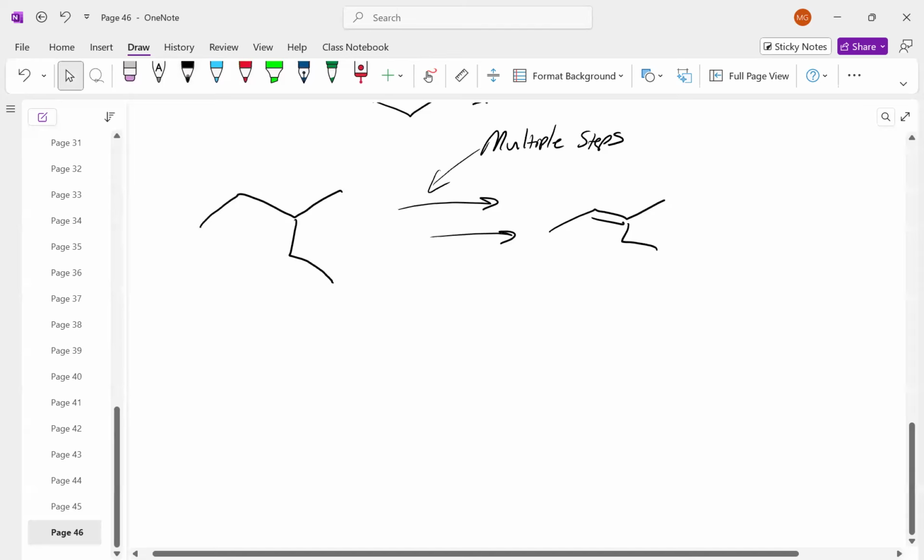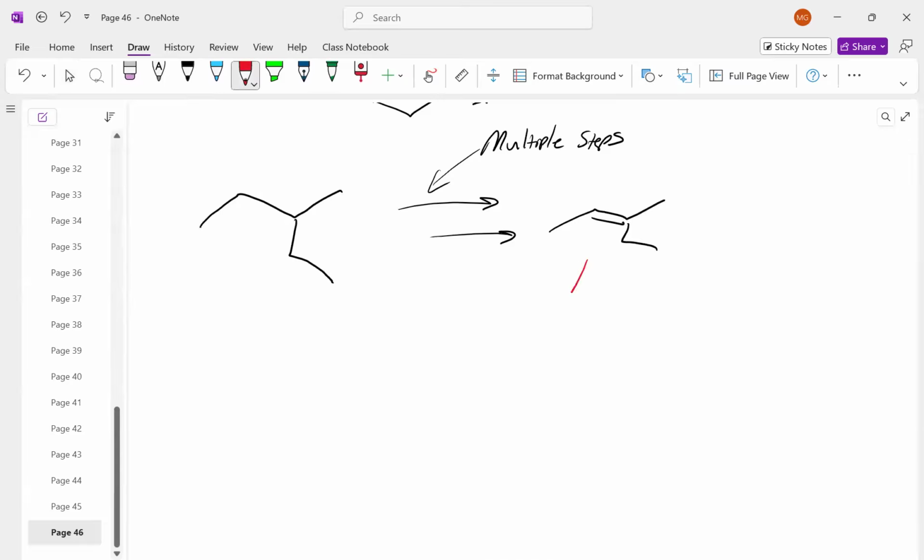Okay, so what we're going to do is go through this process of working backwards again. Let's imagine what that alkene used to be. How do I make an alkene? What kind of substrate do I need to start with? Well, I'm going to start with an alkyl halide, because I can do an E2 elimination really easily on a tertiary alkyl halide. Now I'm going to go back. I'm not going to draw any reagents yet, just working backwards.